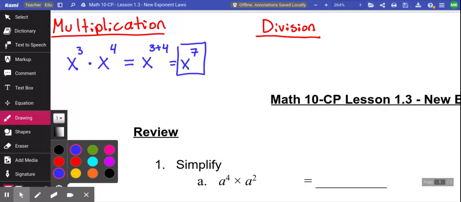So for instance, if we had x to the power of 6 divided by x to the power of 2. That is 2 bases that are the same. They're both base x. We're dividing those bases. What could we do with those exponents? You could subtract them. This would become 6 minus 2, which is x to the power of 4.